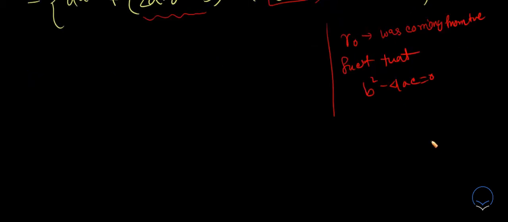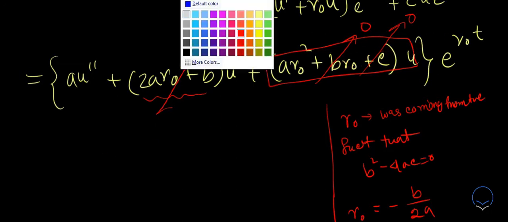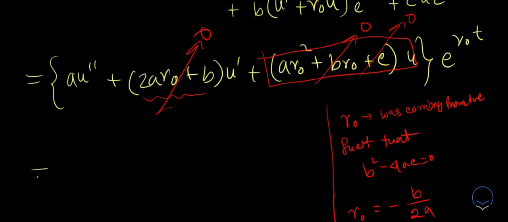What does that tell us about r0? That means the two roots were equal, and this is just b by twice a. So 2a r0 plus b equals 0, right? So this guy is also 0. We got a really simplified result. Finally we can write it as a u double prime e to the power r0 t.